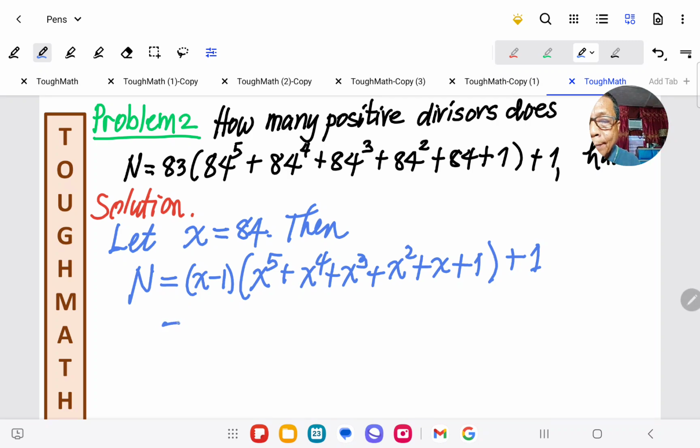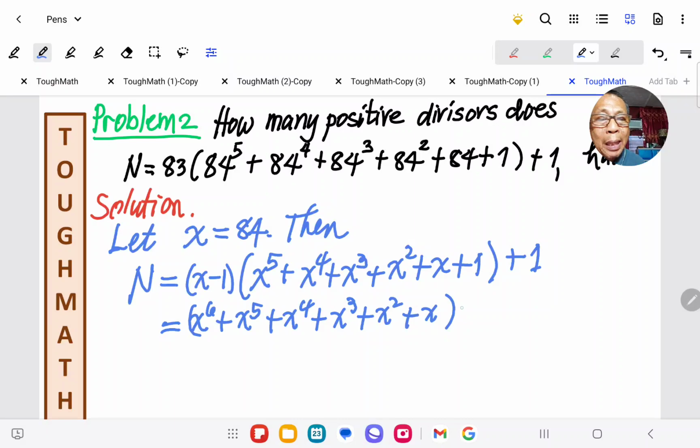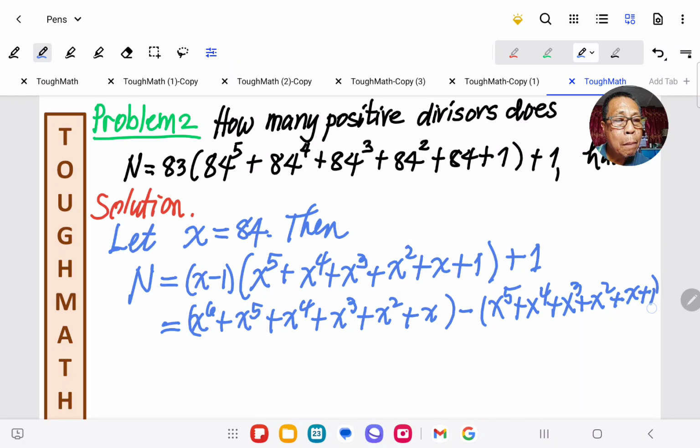Which is equal to x to the 6th plus x to the 5th plus x to the 4th plus x cubed plus x squared plus x, minus x to the 5th plus x to the 4th plus x cubed plus x squared plus x plus 1, plus 1.